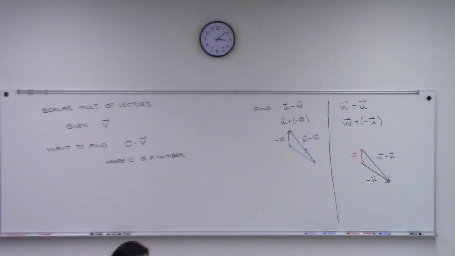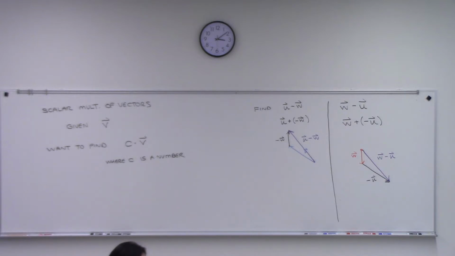What I'm going to do is start multiplying that vector v by different numbers. Let me multiply it by 2 first. Up here in the top right, this red vector is twice v. What does it look like? It doubled its length. If I do 3 times v, it tripled its length. Do you all see that?